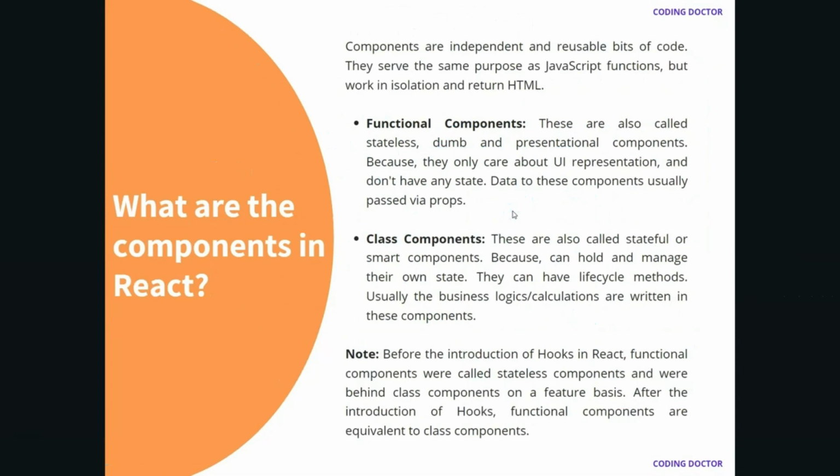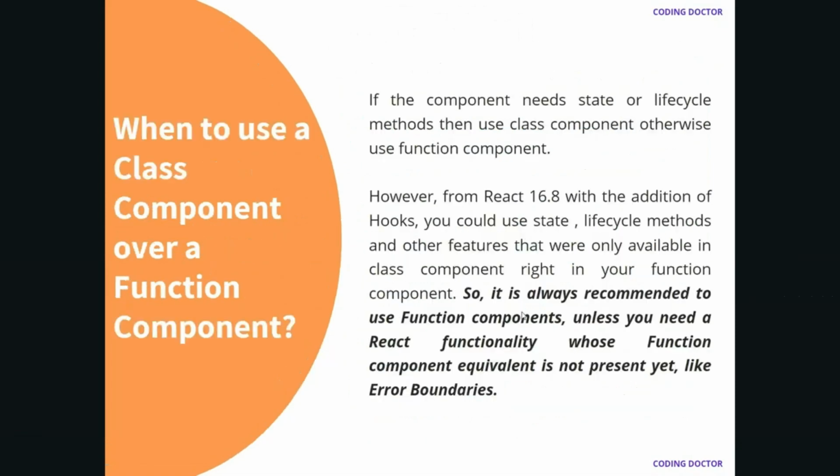They were just pure representational components. They only care about how your UI looks. And the class components prior to the hooks introduction were also called smart components, because they can hold their own state and they can have the lifecycle methods and all the business logic and everything.